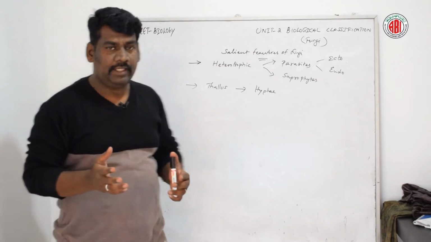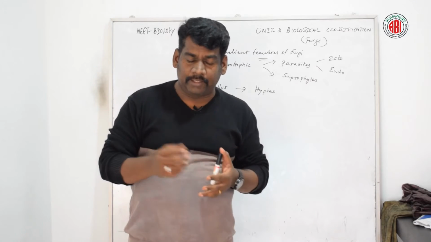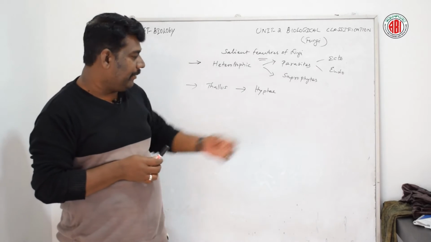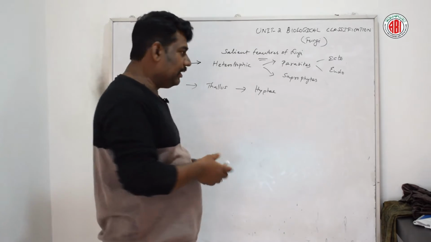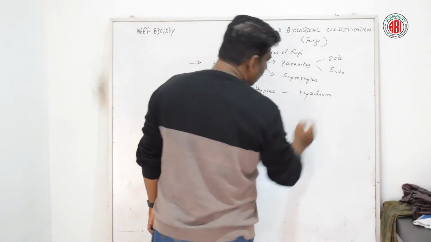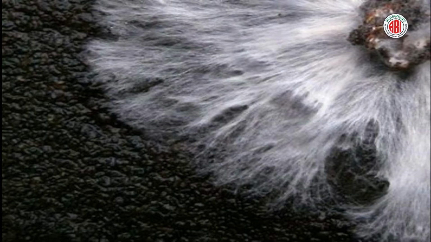This is a branch-like structure seen in the body of the fungi, and these hyphae produce sub-branches. They are called mycelium.